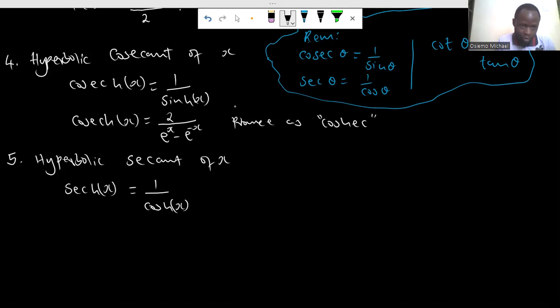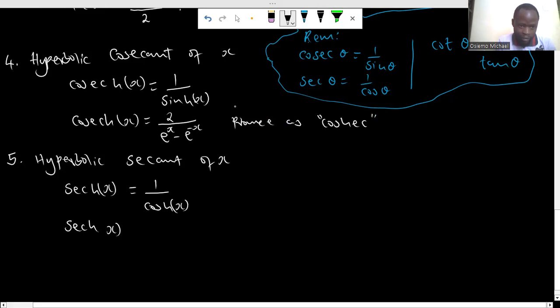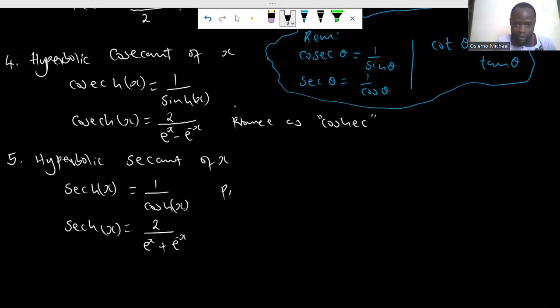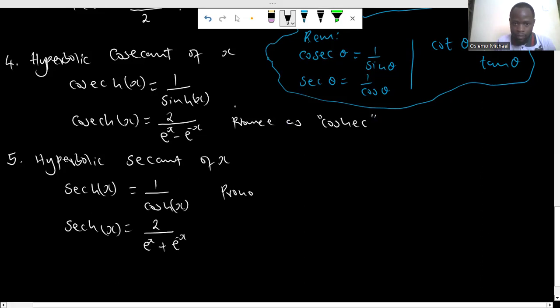Then for this one here, we are going to have the sech of x is equal to 2 over exponential x plus exponential negative x. So we pronounce this as the sech of x.